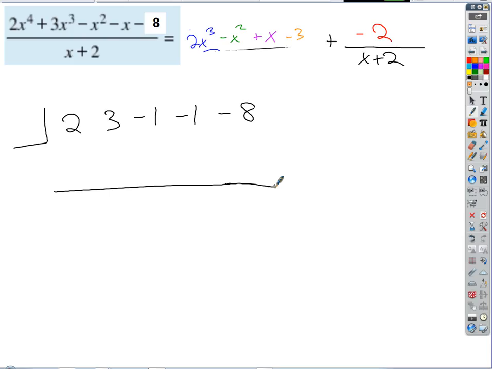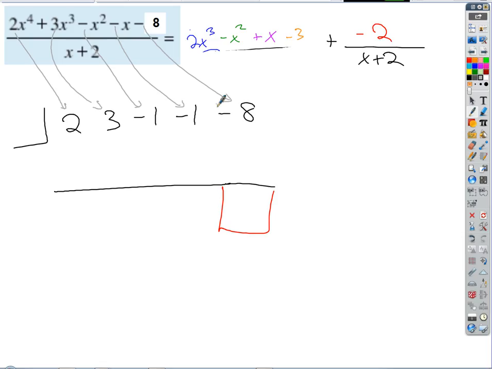Okay, and then underneath the negative 8, we put the box where our answer was, right? And let me just draw some little, so we can see where we're getting these. Here's the 2, there's the 3, there's the negative 1, there's the negative 1, there's the negative 8, right?